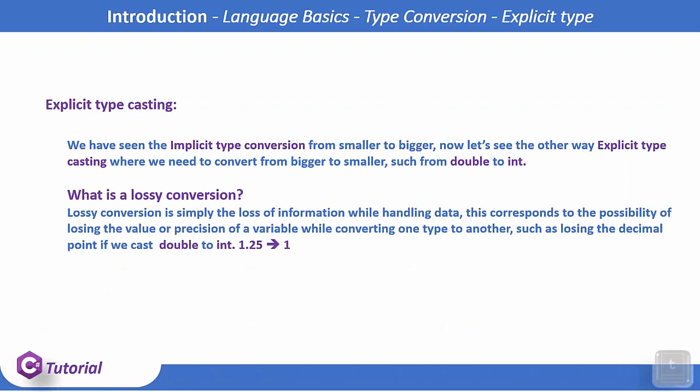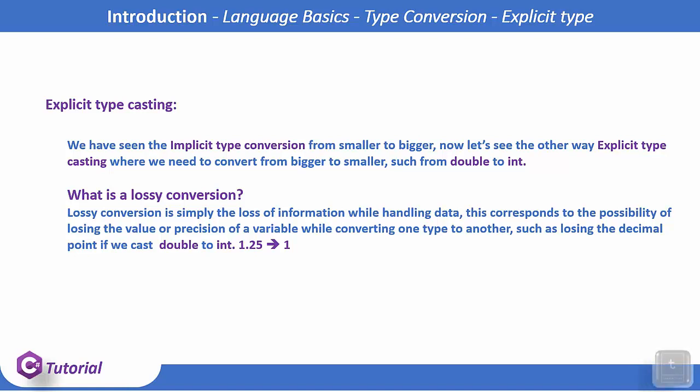So talking about explicit type casting or type conversion, as we described before, we need to convert from bigger to smaller, like from double to integer. But this can cause us some data loss. We can lose some data, and this is called a lossy conversion.